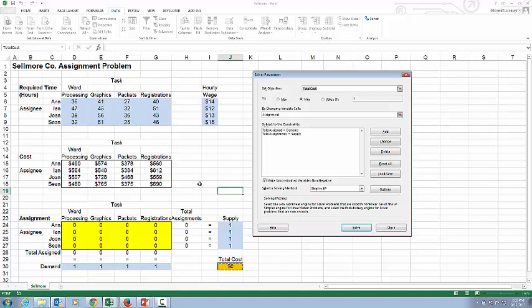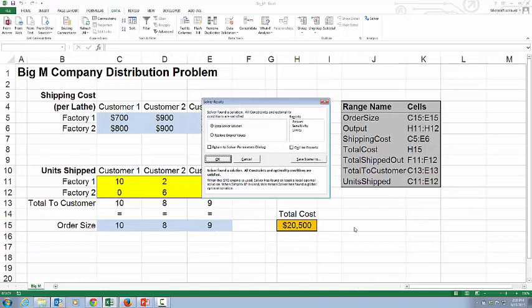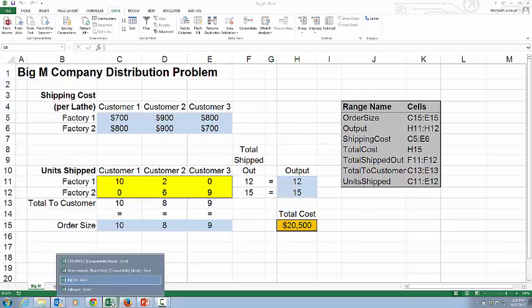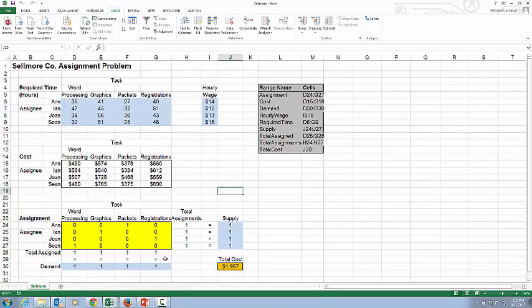And the simple constraints are that total assigned must equal demand, and the total assignments must equal supply. That ensures, again, the job is assigned to only one person, and each person is assigned to only one job. Again, we're going to check the make unconstrained variables non-negative, and we're going to use the simplex linear program for this particular problem. And when we hit solve, indeed, it solves it. We say OK, go back to our model, and there's our solution.